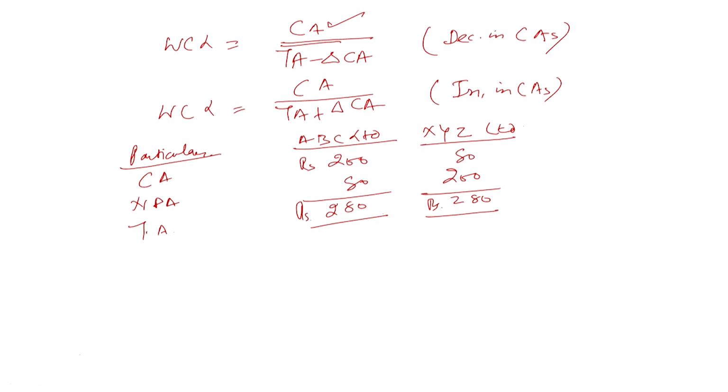Out of the 280 lakhs of total assets, 200 lakhs are current assets, short term assets, and only 80 lakhs are fixed assets or long term assets. Whereas in XYZ Limited the situation is reverse: only 80 lakhs of current assets and 200 lakhs of net fixed assets, or fixed assets after depreciation.